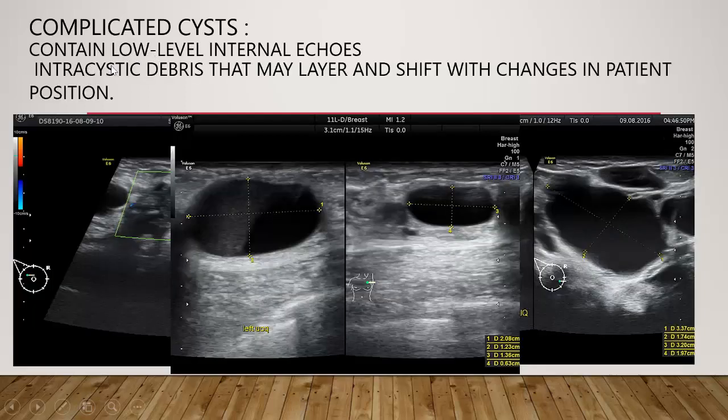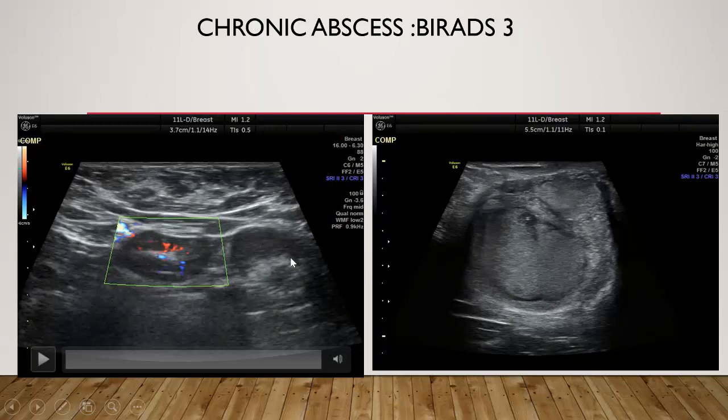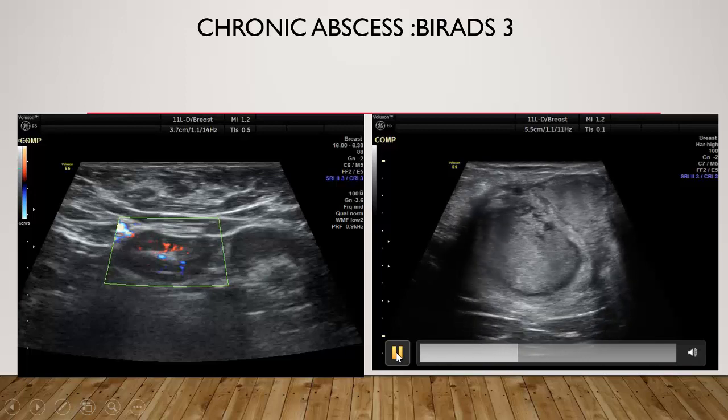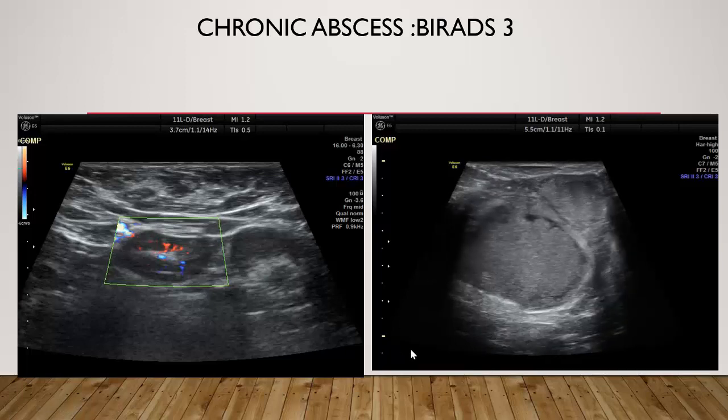Complicated cysts contain low-level internal echoes, intracystic debris that may layer and shift on change of the patient position, like in this case, it's a fluid level here. This is a case of chronic abscess. We put the chronic abscess in the category of complicated cyst.